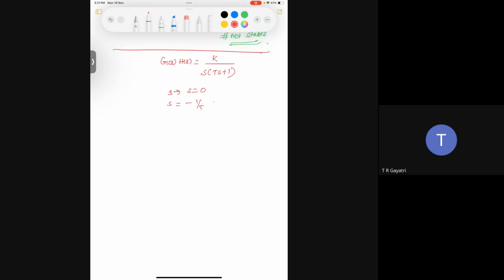And from this, there is no pole in the right half of the plane. So P will be 0 in this case.